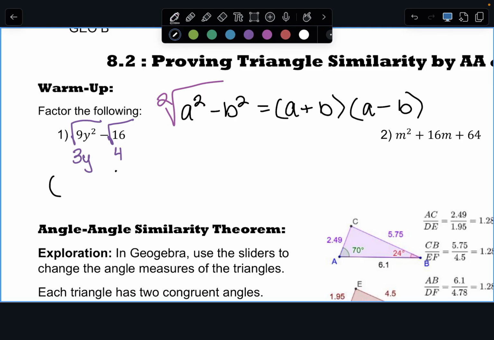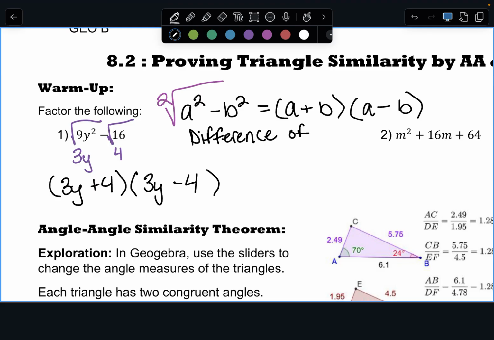So this can factor into those two square roots that we just got, added together and subtracted. So 3y plus 4 and 3y minus 4. We call this a difference of squares. If we remember, difference in math means subtraction.